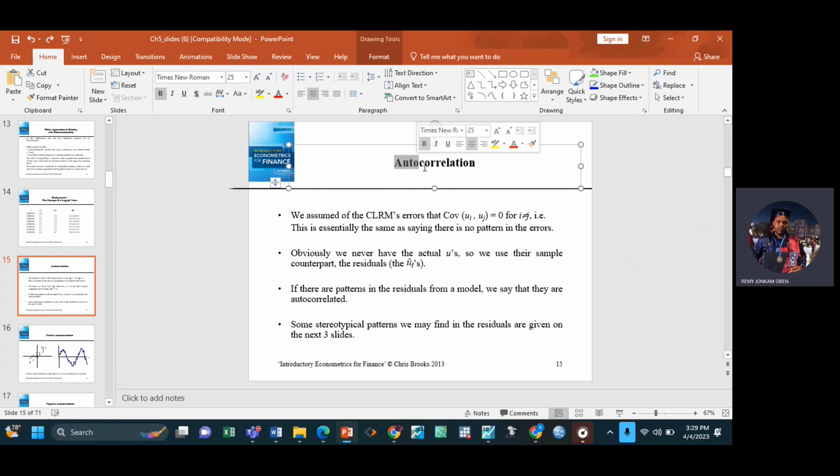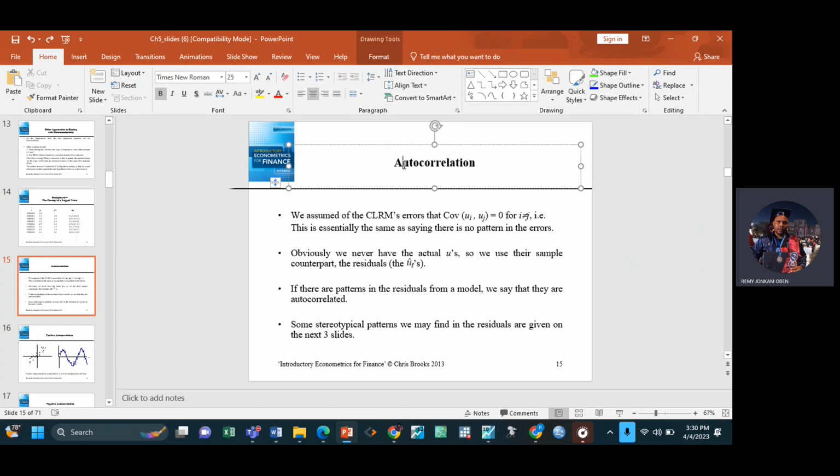So the correlation matrix is telling us the linear relationship between two variables. But if it is correlation between the same variable, then we use auto. So with autocorrelation, we're actually talking about correlation between two or more error terms. It's the same variable, error terms.